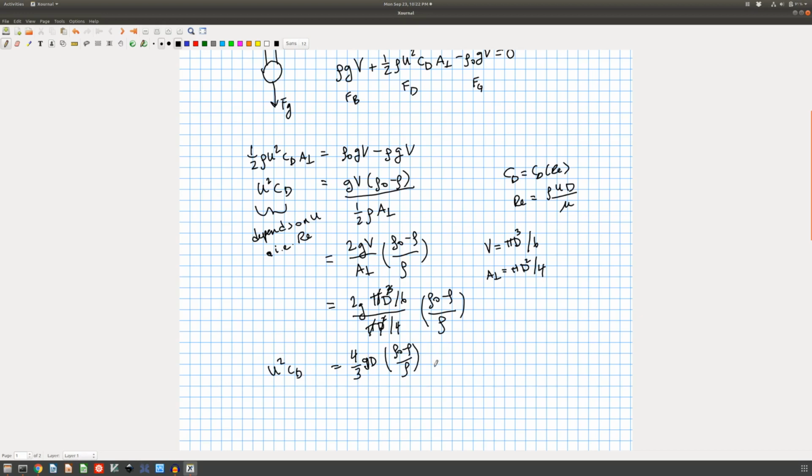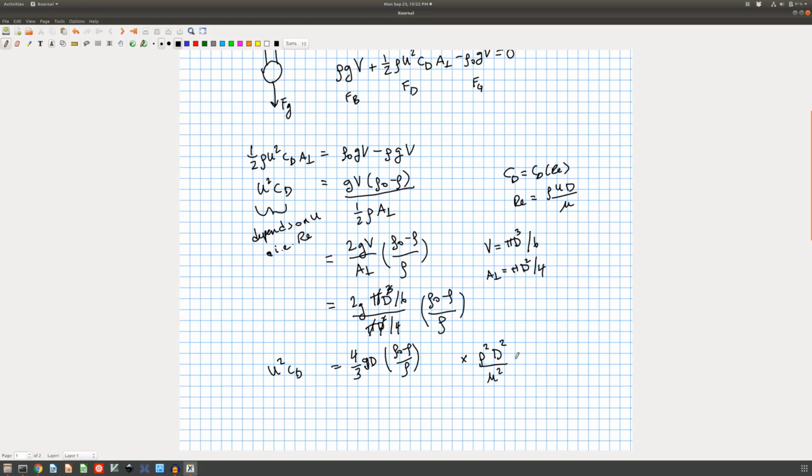Okay, so now I look at this and I say, I want to make this dimensionless. I have u squared over here. What I'd really like to do is put a Reynolds number on this side. So to do that, I multiply both sides by rho squared times d squared divided by mu squared.